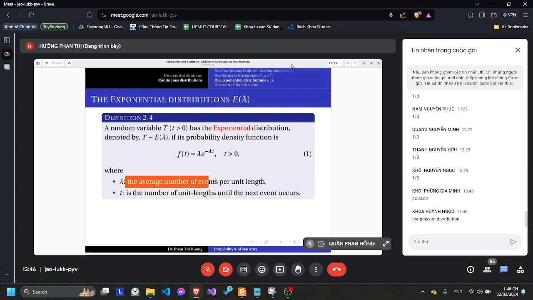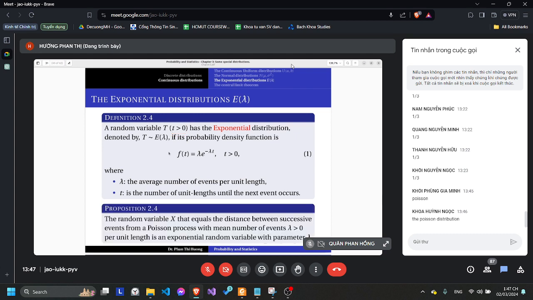It still has the same meaning, which is the average number of events per unit. But in the Poisson, it can be the unit of time or the unit of space. Now, the exponential distribution is only defined for T as the unit of time, where T is always positive because T is the time.